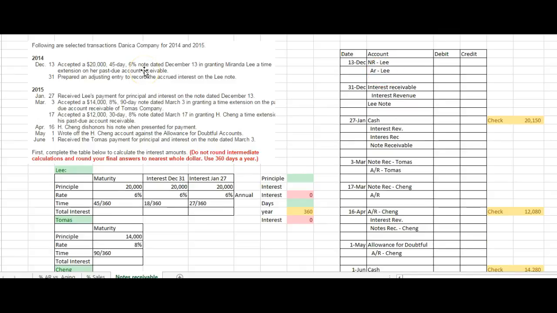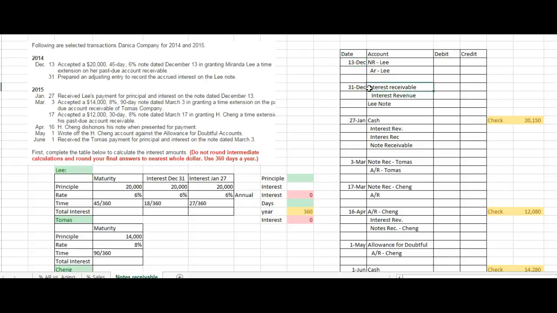So on December 13th, Lee decided they couldn't pay their accounts receivable and wanted to turn it into a note. So you're just going to transfer from accounts receivable to notes receivable the amount of $20,000. Now this is at the end of the year. This was on December 13th, and now it's December 31st.